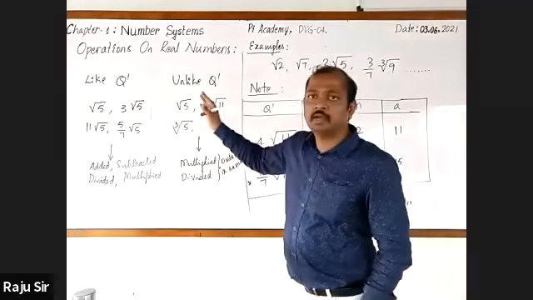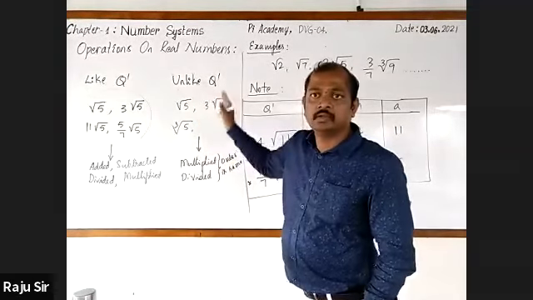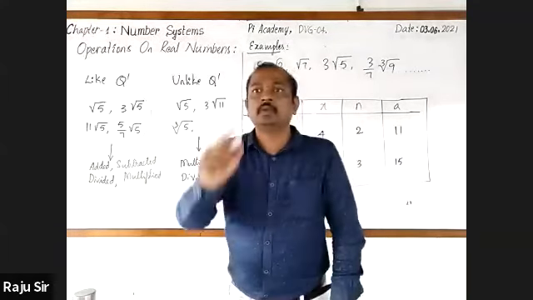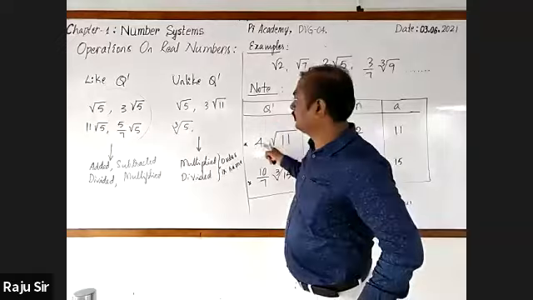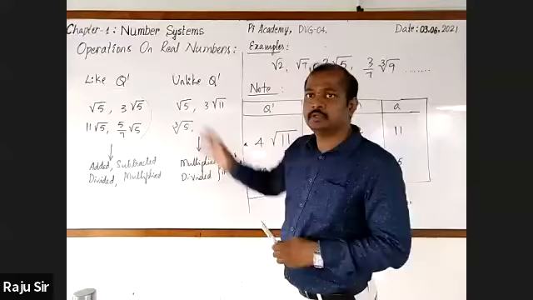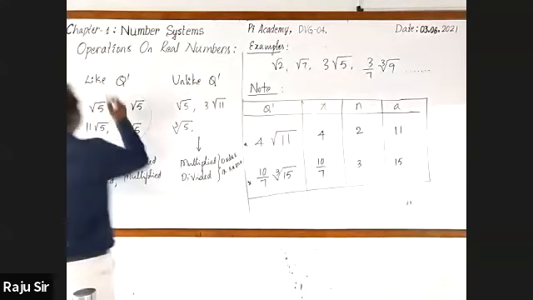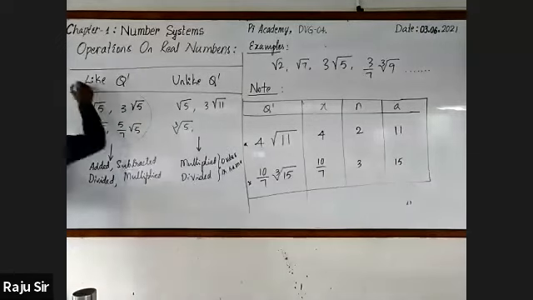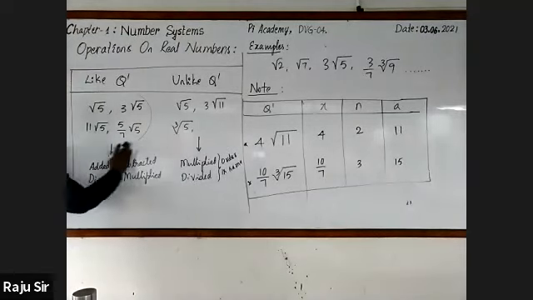Based on this information only, we will go for learning the further concepts. That is why I have given the explanation regarding it. Now, in your note, draw a table. One table for like irrational numbers, another table for unlike irrational numbers.